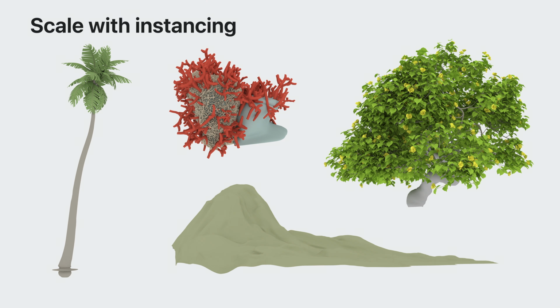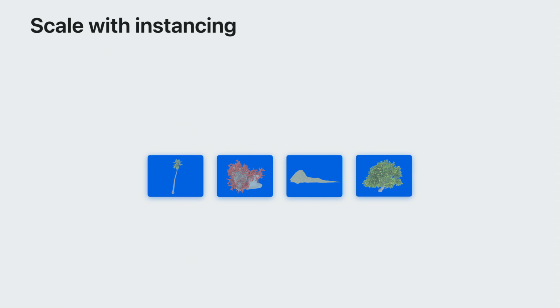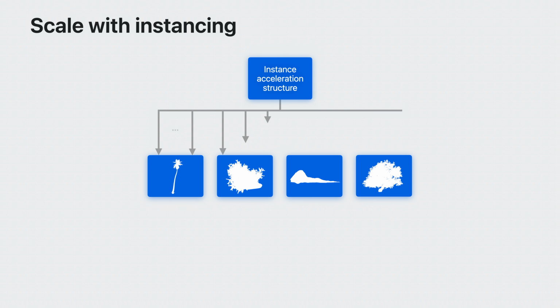All unique objects in the scene, including the mountains, corals, and trees, can be represented as primitive acceleration structures. These can be combined into an instance acceleration structure representing the whole scene. So, while a primitive acceleration structure contains geometry, an instance acceleration structure contains references to other acceleration structures, transformed to different positions, sizes, and orientations to compose a full scene.